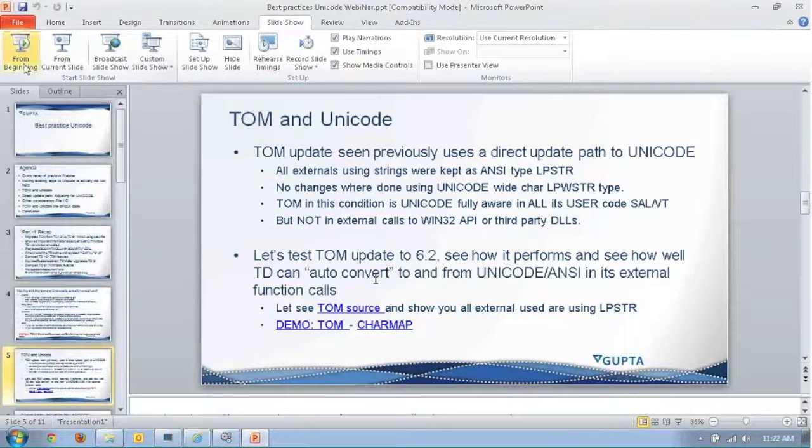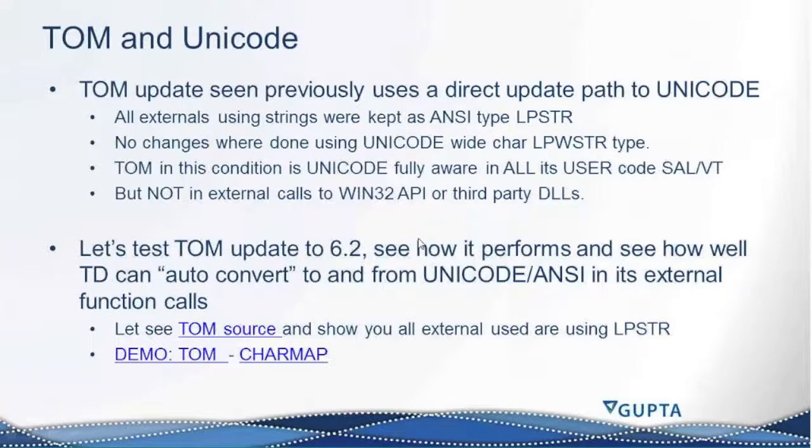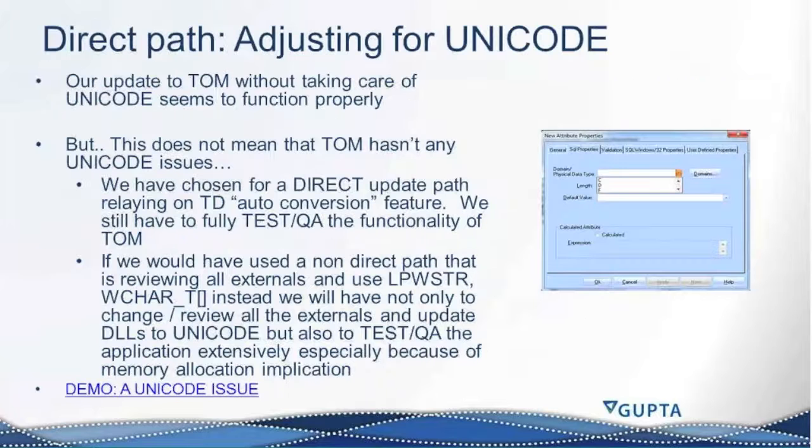Okay, so let's go back. It looks like it is performing pretty well. So direct paths, as I said, we did not modify anything in Tom. As you could have seen, the date for the Tom executable was from March 12 or 13, when we migrated a Tom application live in front of you guys.